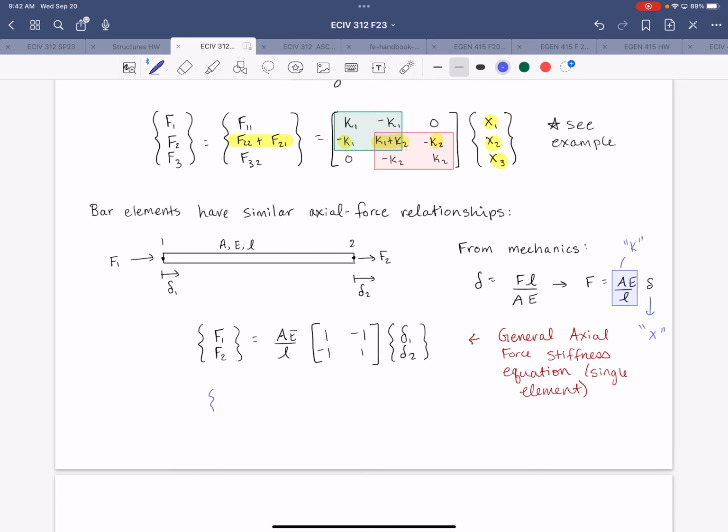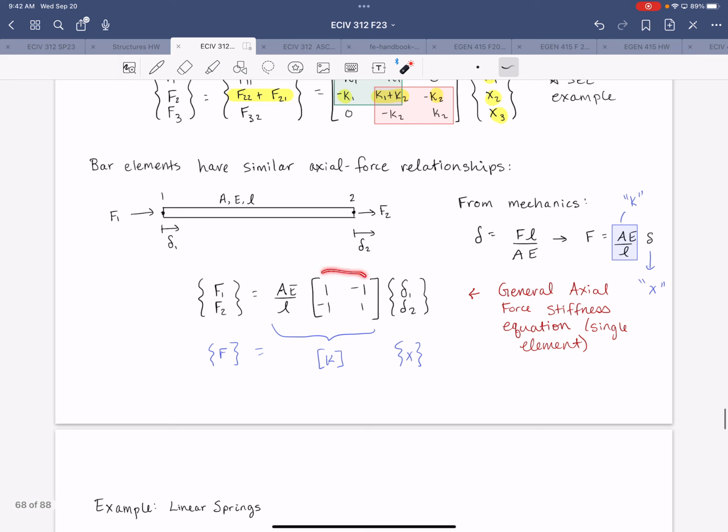So you have your general F equals k times x, represented here. So this is the general axial force stiffness equation for a single element.